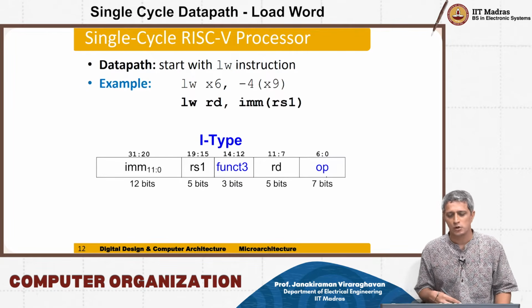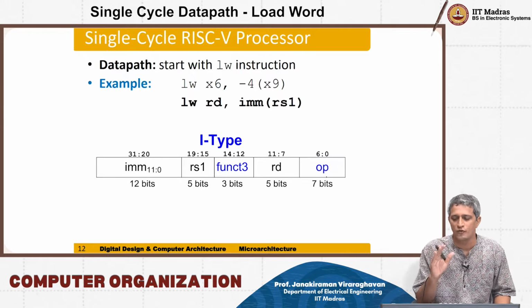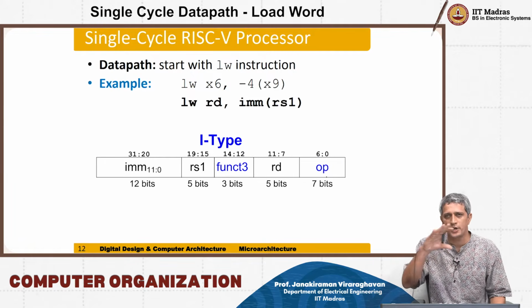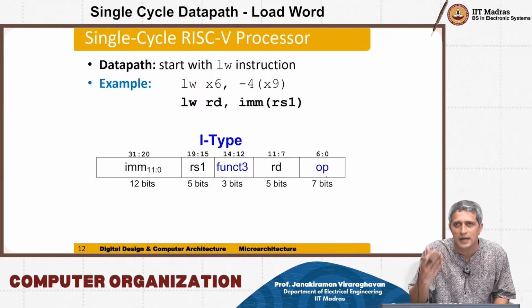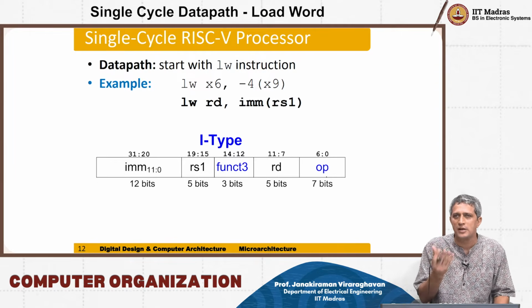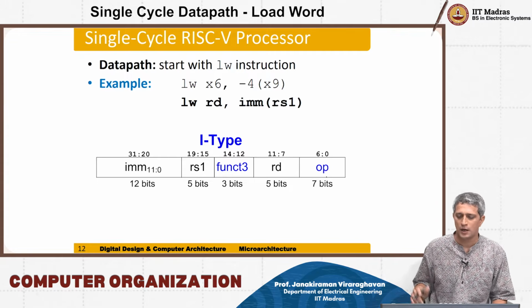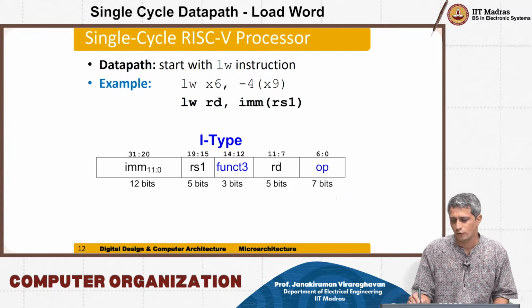What we'll do is start with the simple load word instruction and implement just the components that are needed for that. Then we will look at the other instructions and add more and more compute elements and decode elements as needed. So what is the instruction here? LW X6, -4(X9).